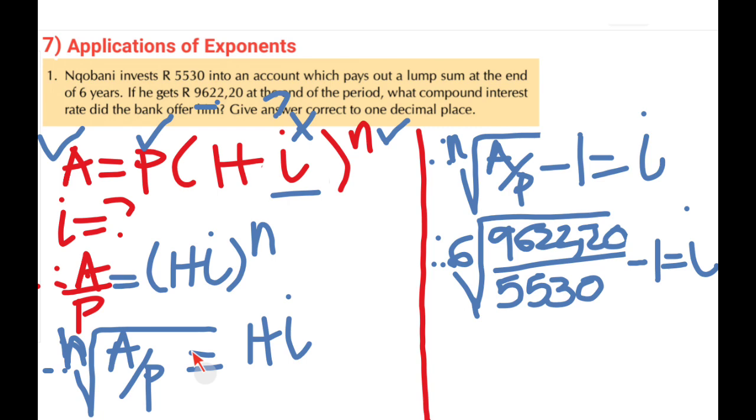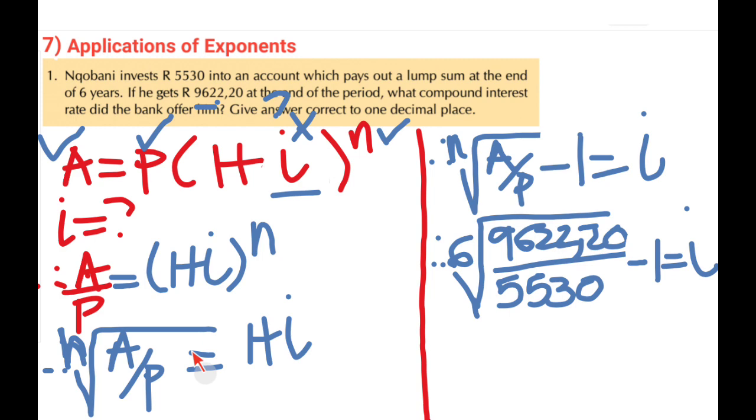So you go 6, second function y to the power of x, in bracket 9622.20 divided by 5530, close bracket, then you go minus 1.